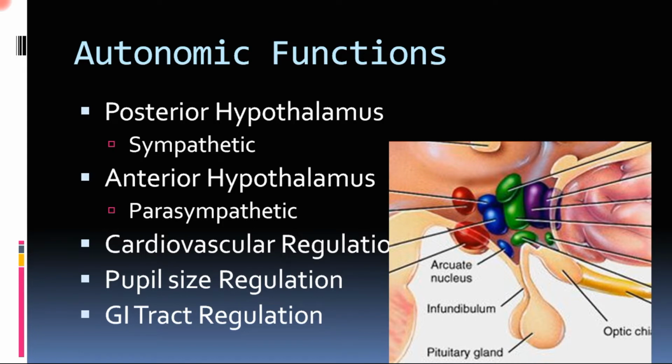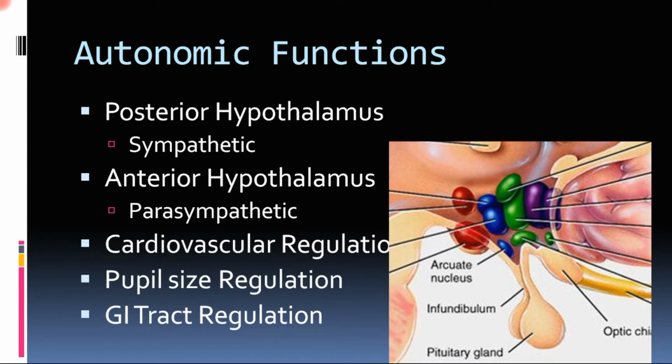As we have already studied the autonomic nervous system in detail in our previous lecture, there are certain examples which we will quote here, that is, cardiovascular regulation. The posterior hypothalamus is the sympathetic center. So with stimulation of the posterior hypothalamus, there will be stimulation of sympathetic outflow, and thus an increase in heart rate, cardiac output, vasoconstriction and other sympathetic effects.